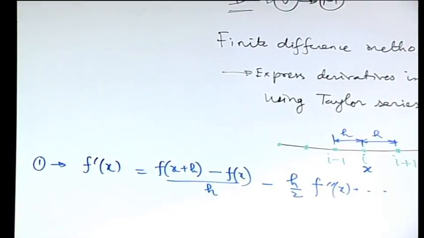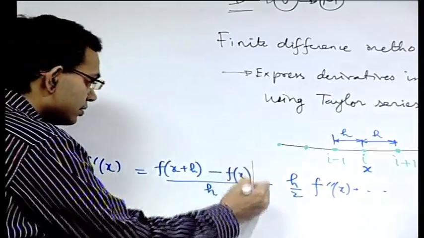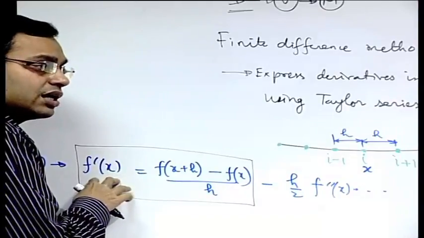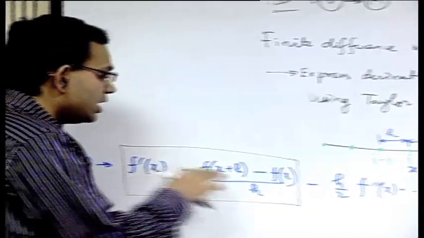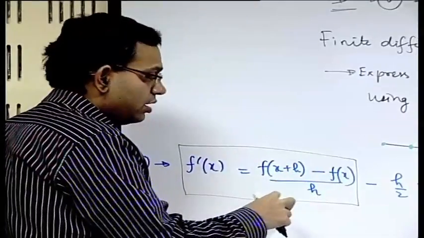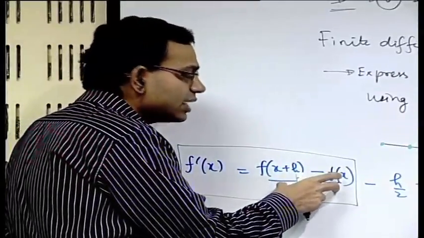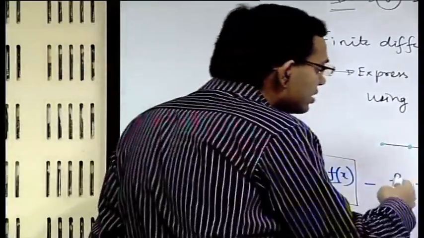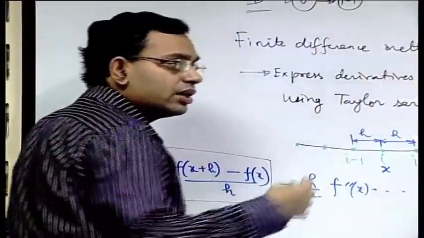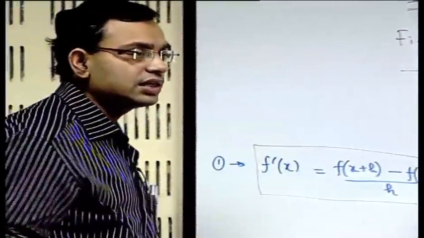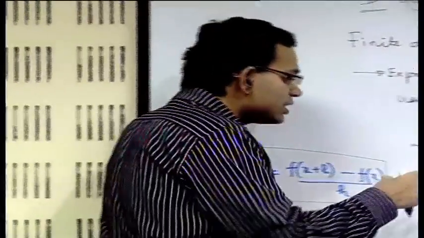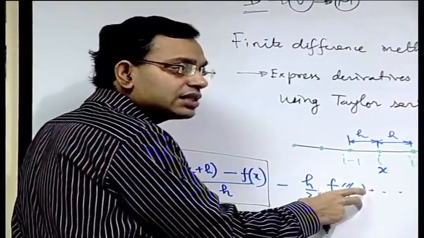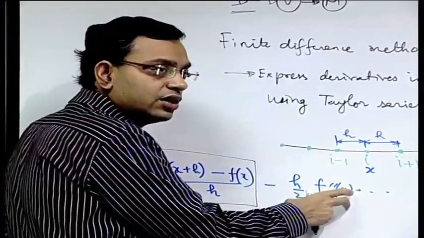So if you truncate the Taylor series up to this and try to use this as a formula, you can see that you are replacing the continuous derivative with a discrete difference quantity, and since it is not exactly the same, it is inaccurate, and the inaccuracy is attributed to several things. Later on we will study the sources of errors in these discretization methods, but at least we can intuitively guess one particular type of error, that is we have truncated the Taylor series up to a finite number of terms, and that is one of the sources of the error.